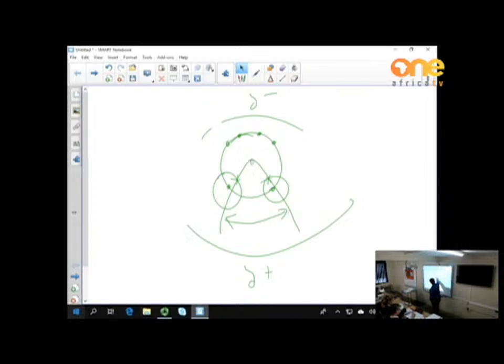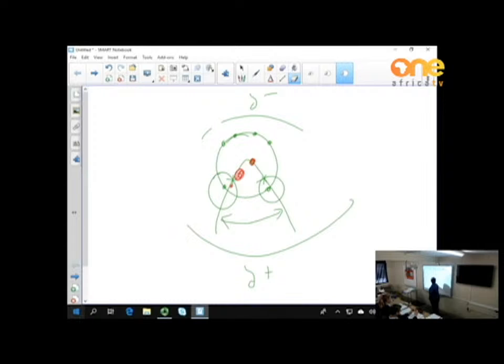And then I said to you the other reason is because of the attractive force of the nuclei on the shared pair of electrons. The oxygen atom has a stronger force of attraction on the shared electrons than the hydrogen nucleus does.